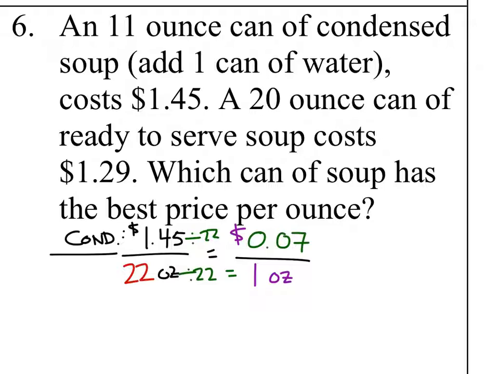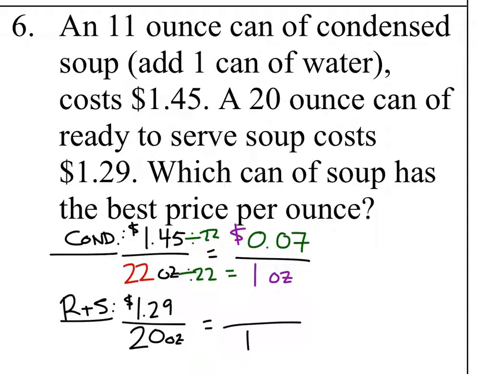So that's condensed. What about ready to serve? This can has 20 ounces. Nothing needed to add for $1.29. Well, how much would this be for 1 ounce? Well, once again, we're dividing both of these by 20 this time.